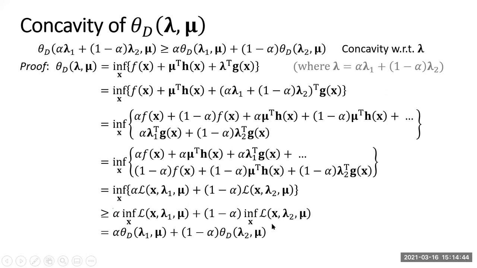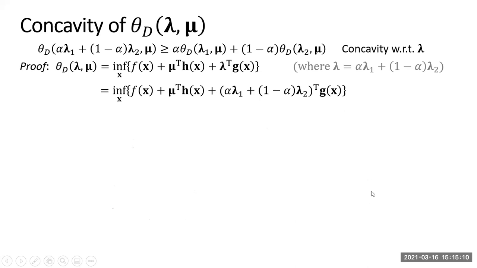It is the infimum with respect to x of the Lagrangian, which gives us theta d. And this is theta d lambda 2 mu. So I just showed that theta d lambda mu is greater than or equal to alpha times theta d lambda 1 mu plus 1 minus alpha times theta d lambda 2 mu.